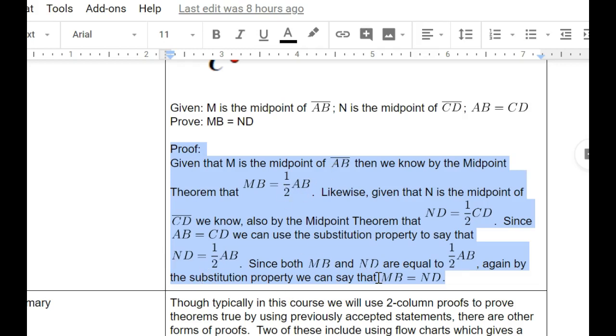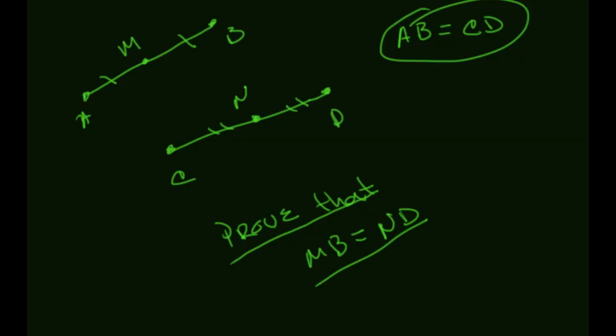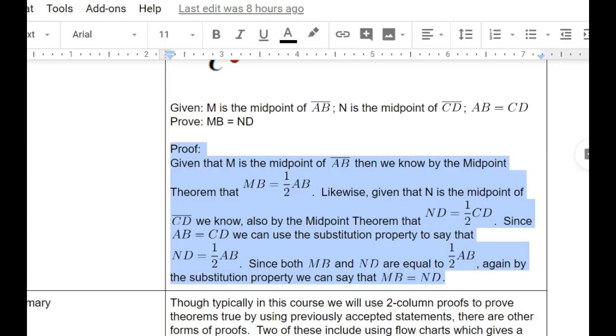So we can say that MB is equal to ND, which, lo and behold, was what we were trying to prove. Woohoo! We got it. So the advantage of the paragraph proof is that it uses the customary English that we're used to.